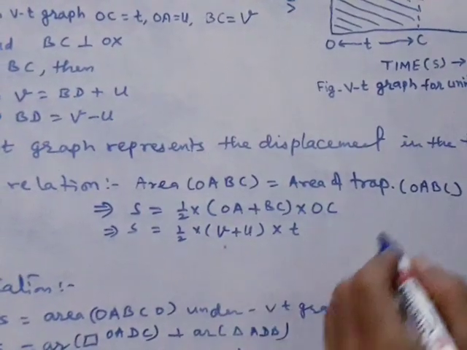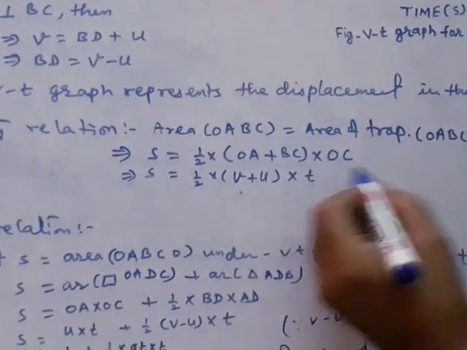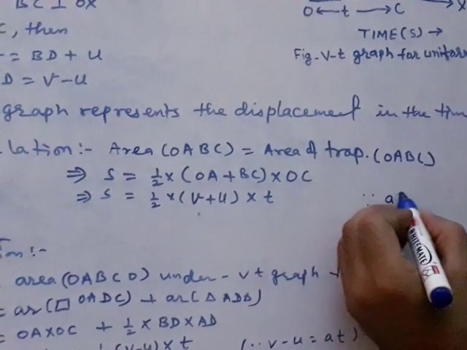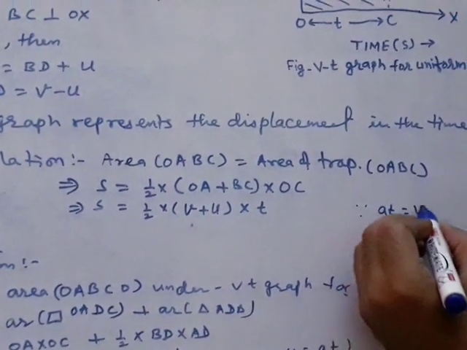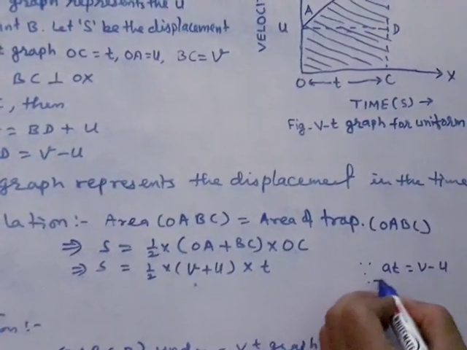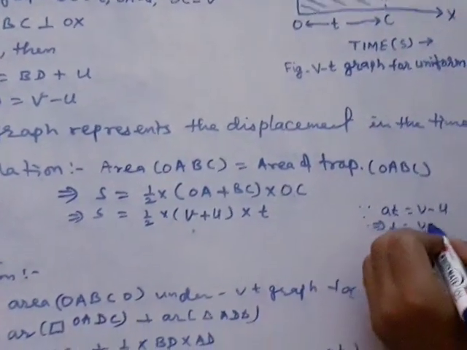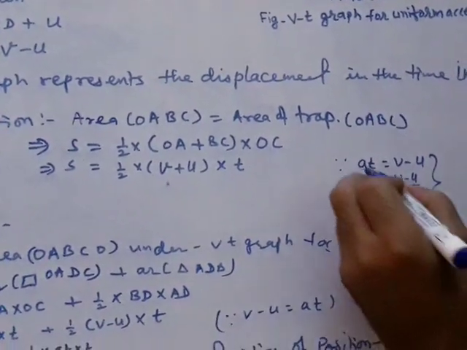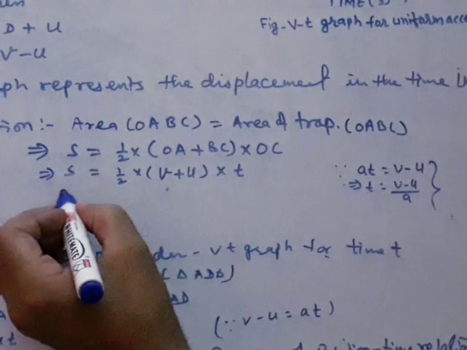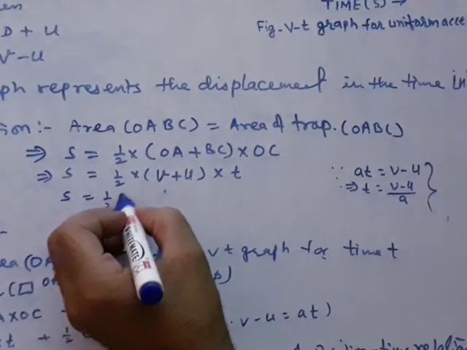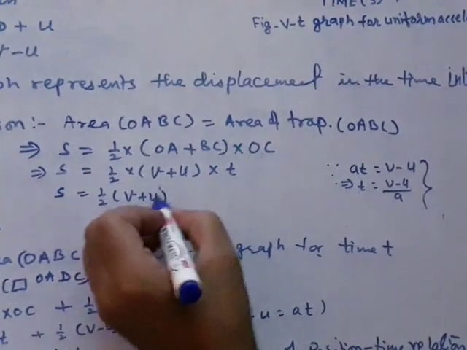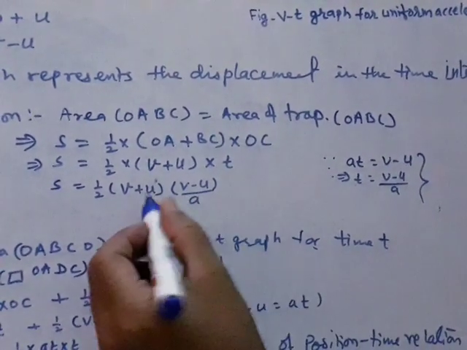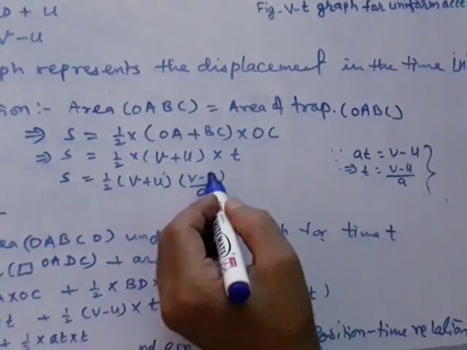Now from the first equation of motion, as we know, AT is equal to V minus U, this implies that T is equal to V minus U by A. So substituting the value of T here, we get S is equal to half V plus U into V minus U by A. What will be V plus U into V minus U?